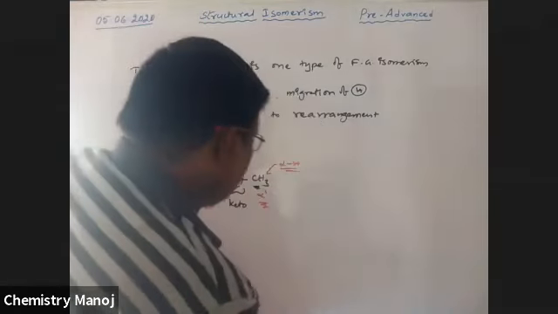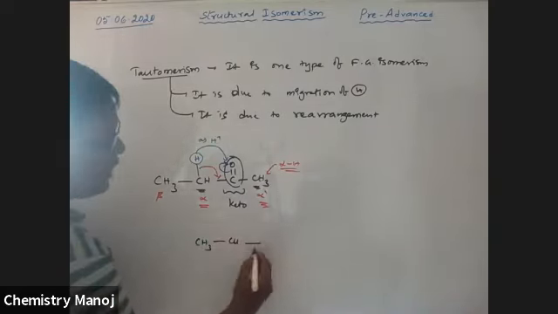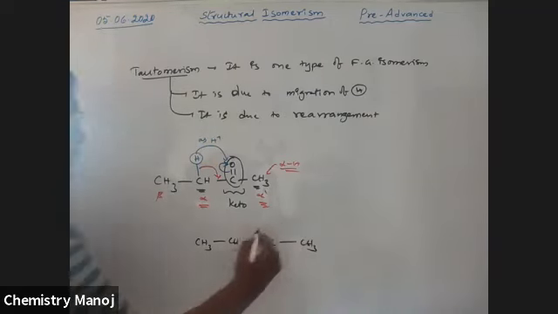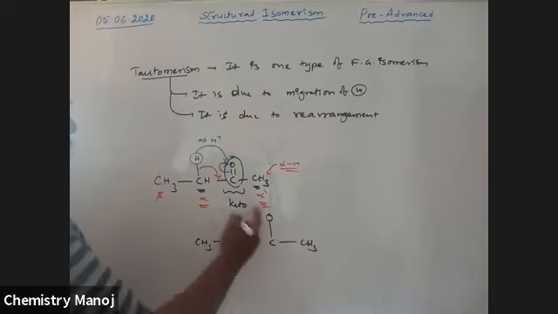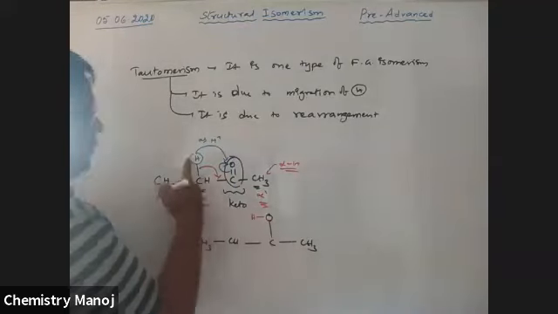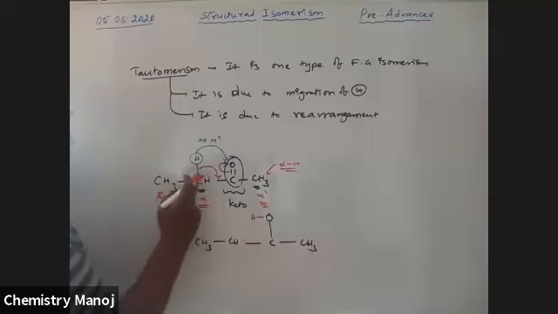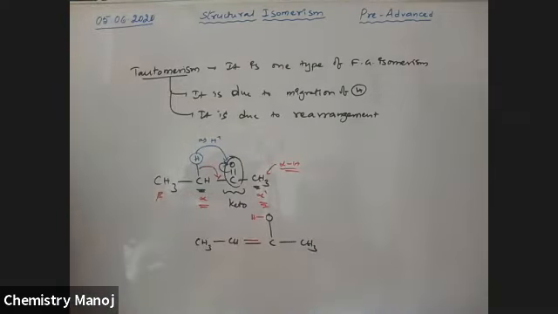Now the new structure is like this. CH3, no change; CH single bond; C single bond CH3. Up to this, no change. There is a single bond between carbon and oxygen, the pi bond is migrated, and to this oxygen the hydrogen is connected. This hydrogen migrated from here to there. Now this is a double bond.